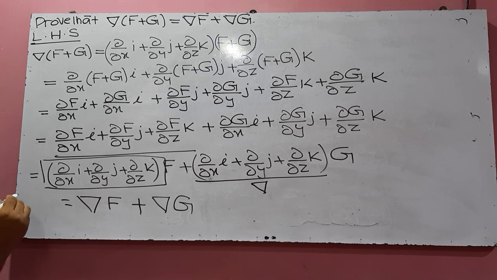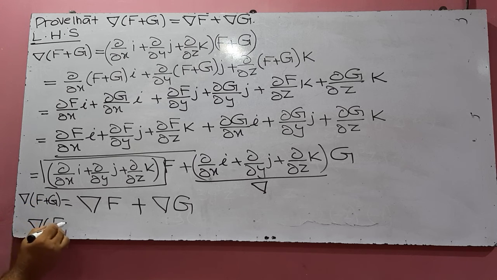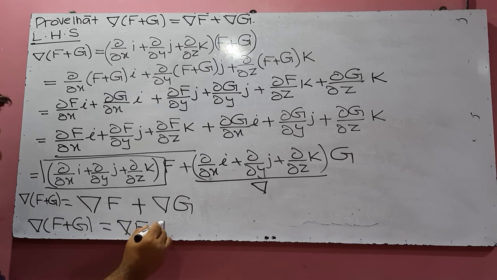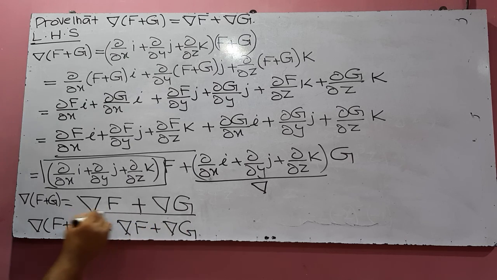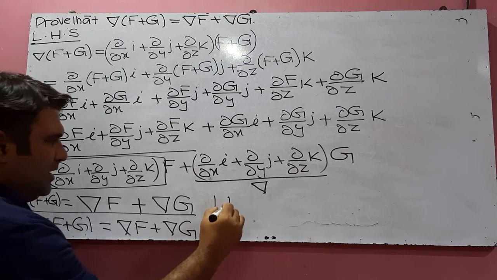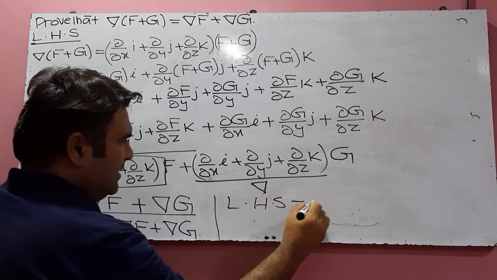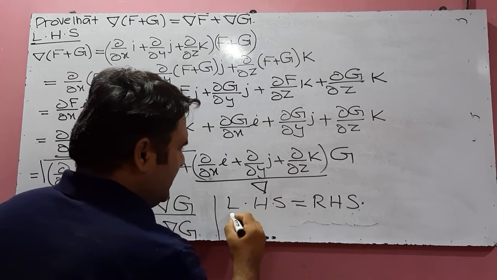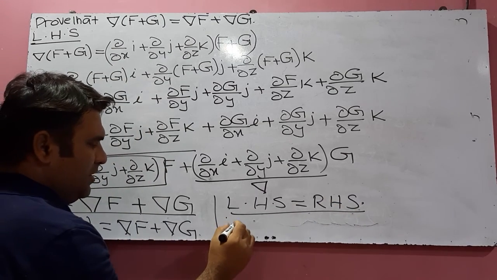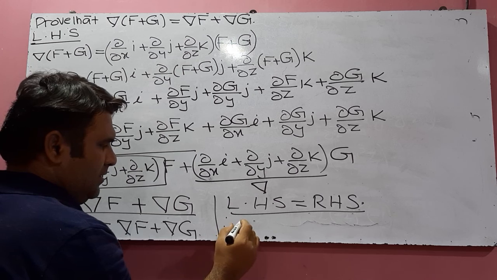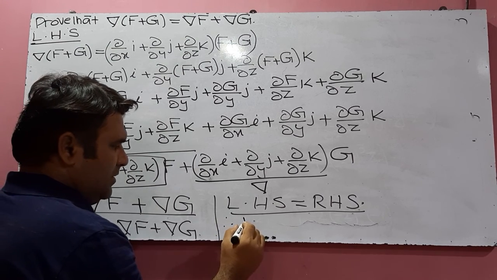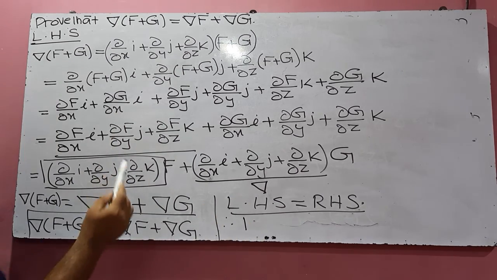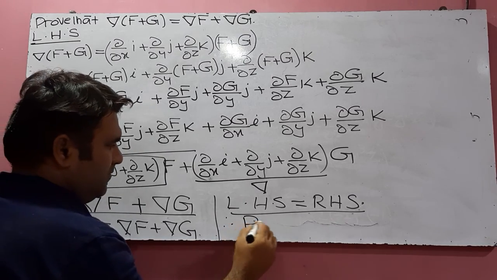So the left hand side is del of f plus g, which is equal to del f plus del g. So the left hand side is equal to the right hand side. Therefore the given problem has been proved.